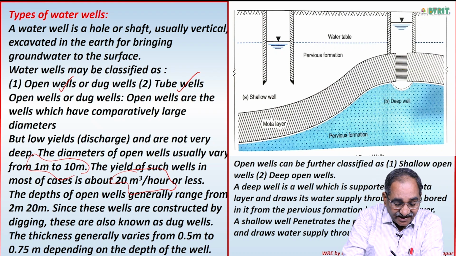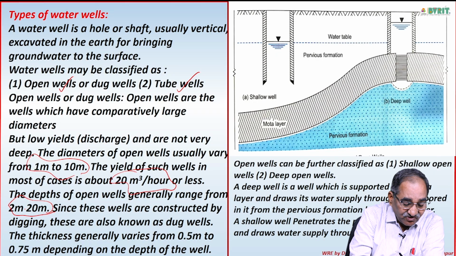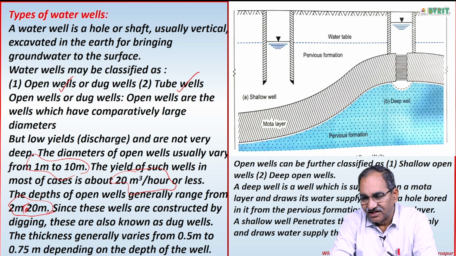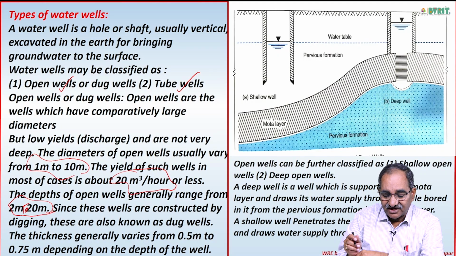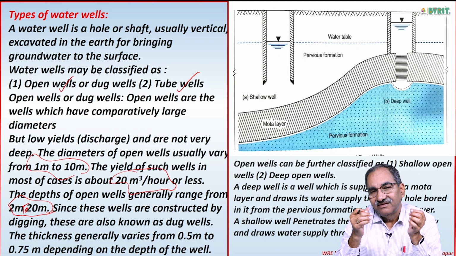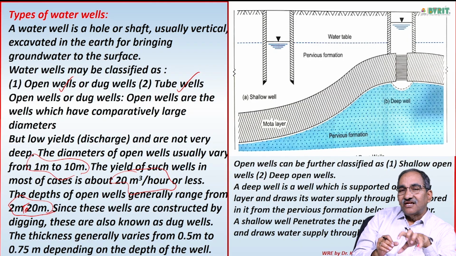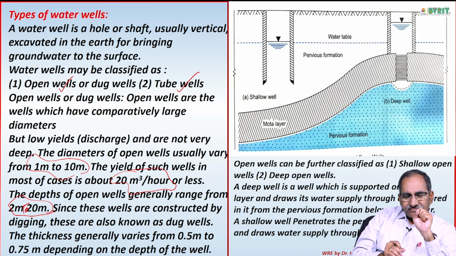Second, the depth is also not much, it may vary from 2 meters to 20 meters. And third, the discharge from the open well is a maximum of 20 meter cube per hour.